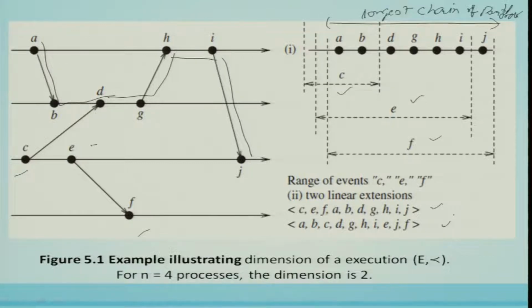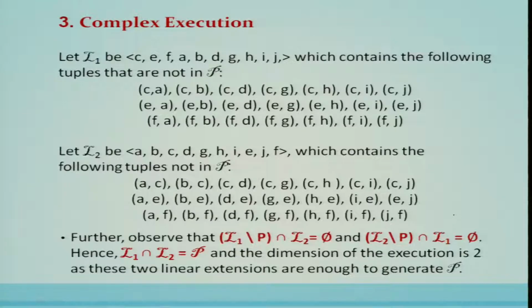Two linear extensions are possible, with the earliest time and the latest time of C, E and F. So two different linear extensions are possible in this case, and if we take the intersection of these two linear extensions, it will give the partial order set. That is what is going to be shown in this complete illustrative example.